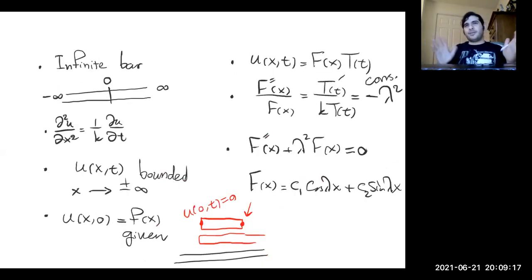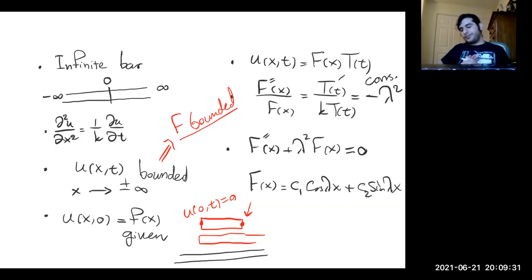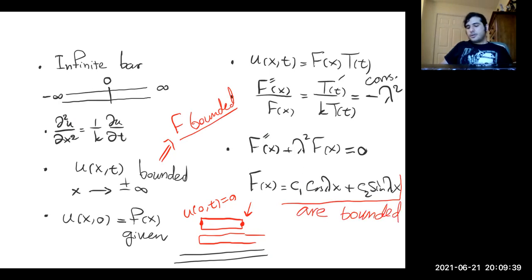There is no 0 anymore. We only know the function f is bounded. Let's say u being bounded implies f being bounded. Well, it does, because we know the other function t, and these functions are bounded. So we don't get anything new here.